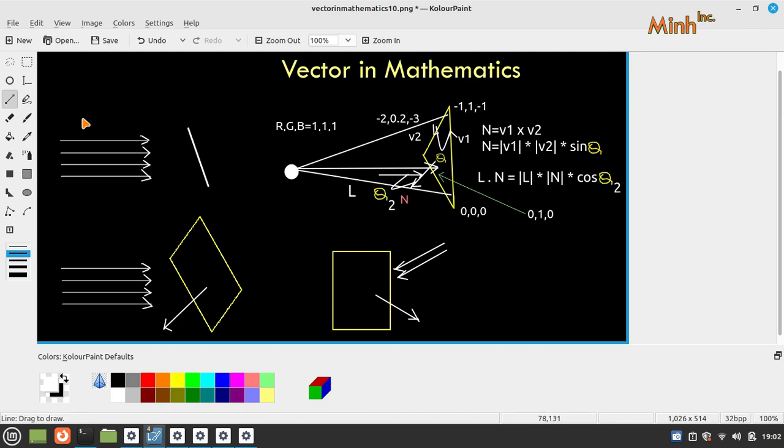For these areas, the normal is this. For these areas, the normal is this, so there is an angle.